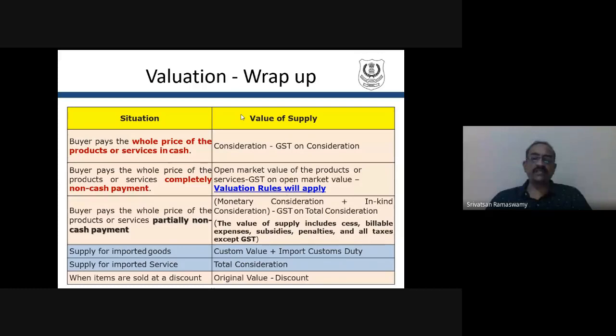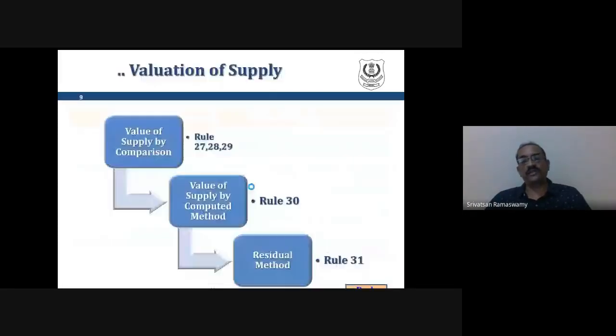In that situation, the consideration is a non-monetary consideration, but it is capable of being expressed in terms of money value. And therefore, in such situations, we will have to resort to valuation rules. So the valuation will be on comparison basis, computation method, or residual method. So rules 27 to 32 will help us to understand how the value will have to be arrived at.